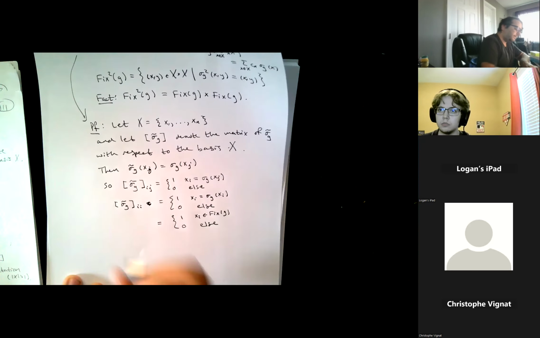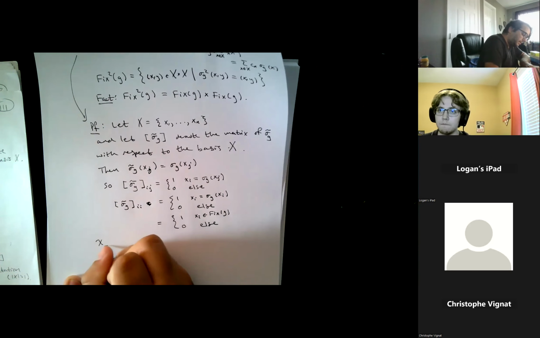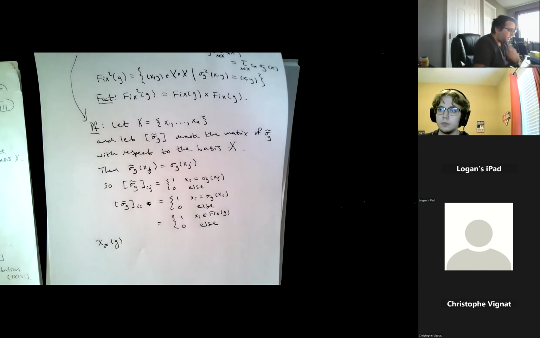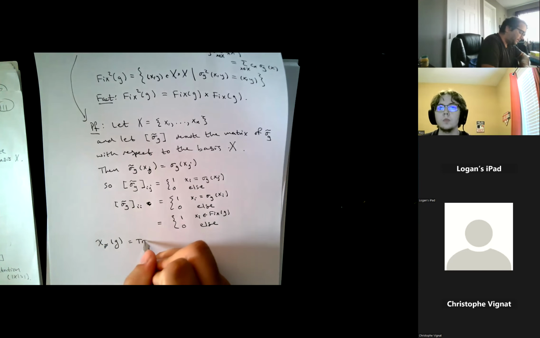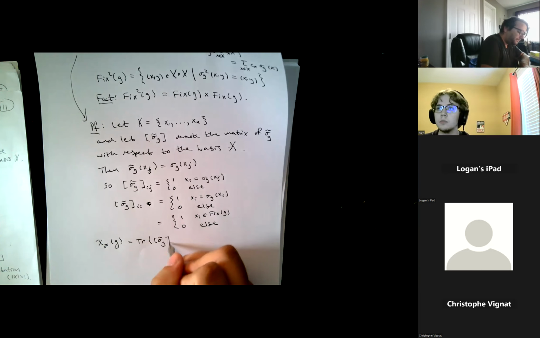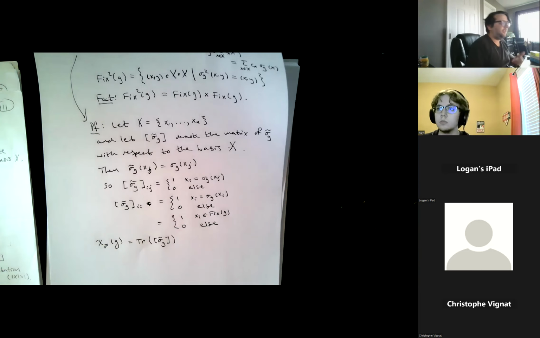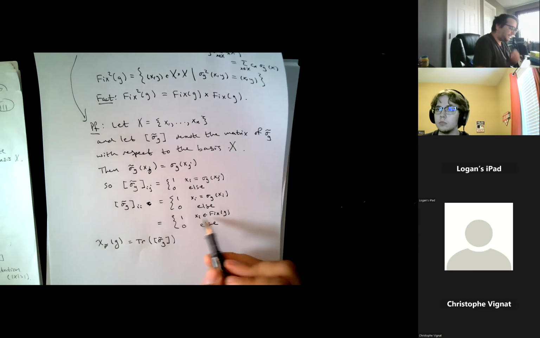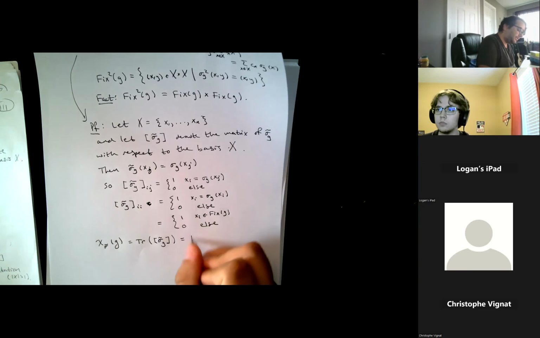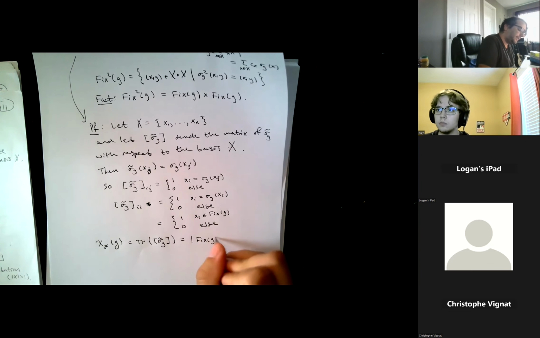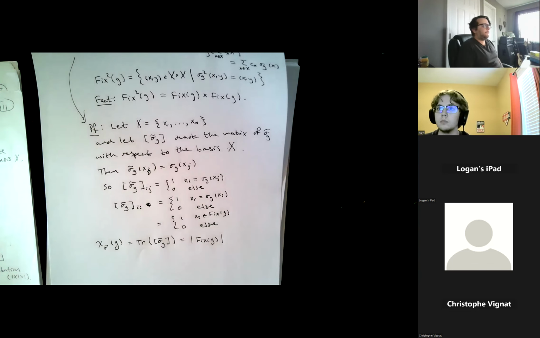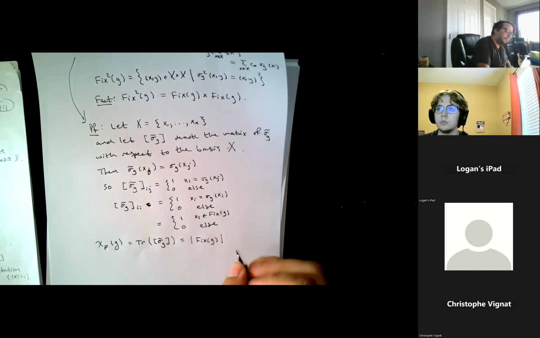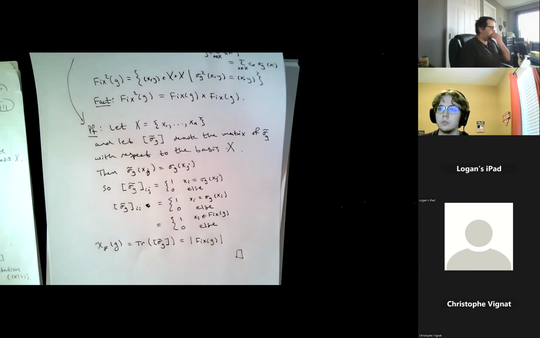Well, the character of sigma tilde of g, remember that this is the trace of sigma g tilde, and the trace is the sum of the diagonal elements. So we get a 1 every time xi is in the fixed set. And so this is just the cardinality of the fixed set. And that completes the proof.